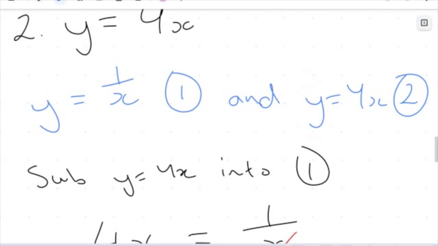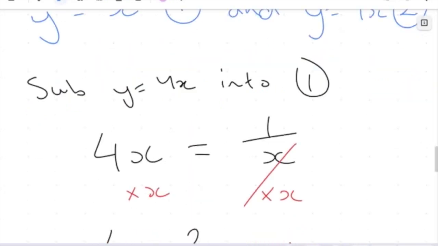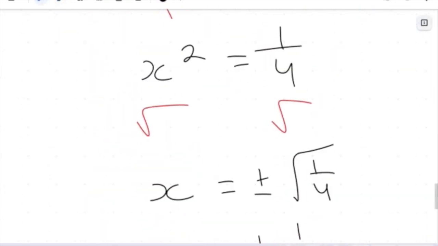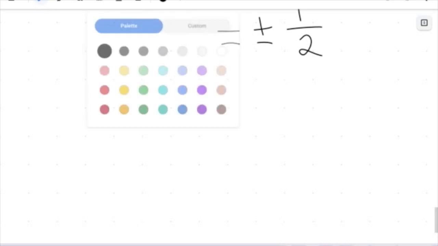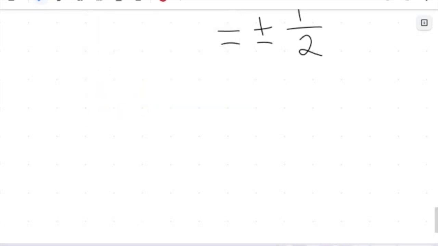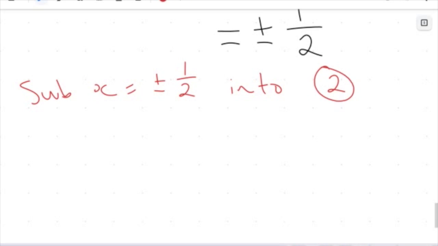Now I'm going to substitute it back into equation 2 because it's going to be less fiddly because we don't have fractions. So once I have my x value, I'm going to sub x equals plus or minus 1/2 into equation 2.